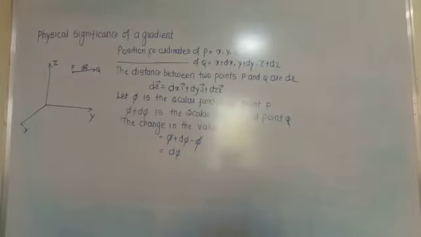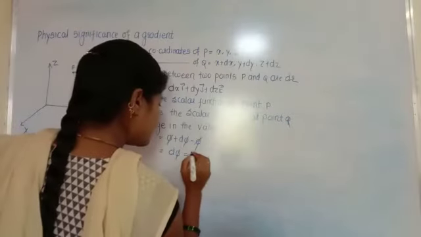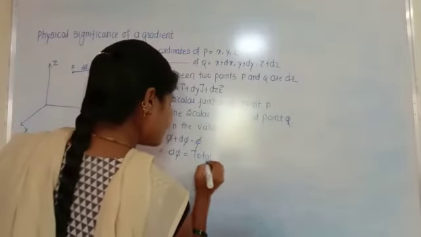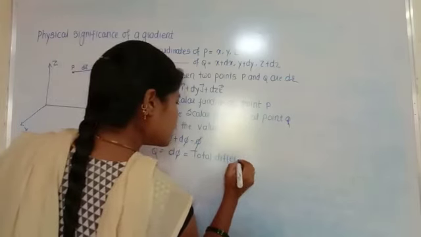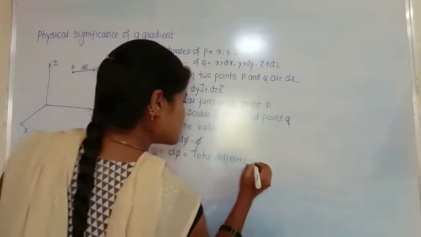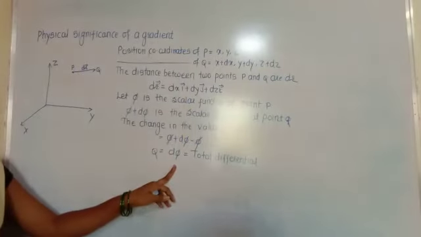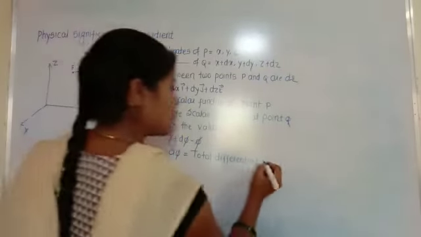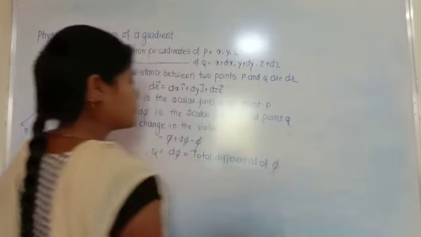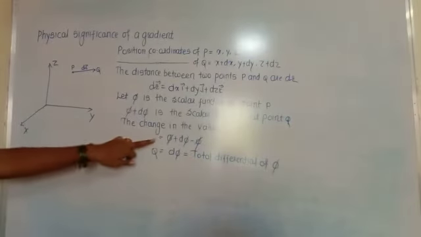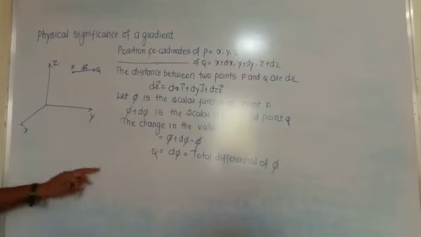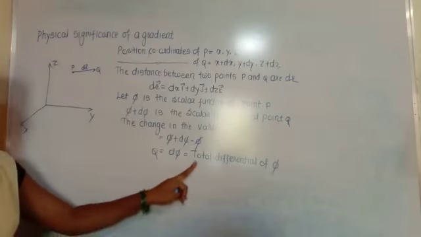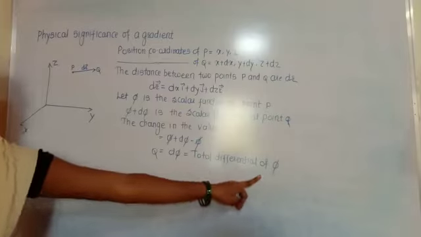This change in the value of phi is d phi, and this is called the total differential of phi.